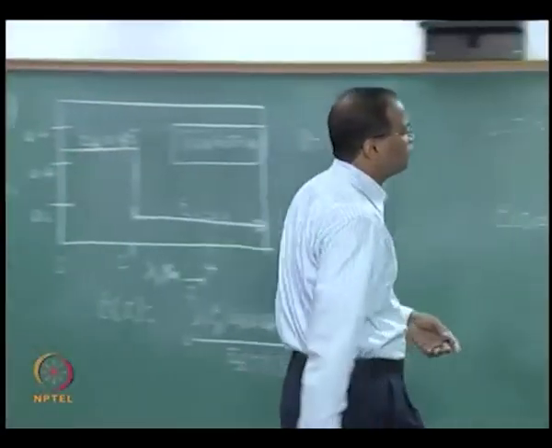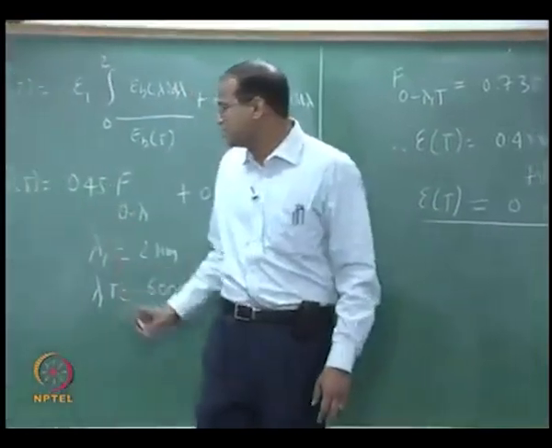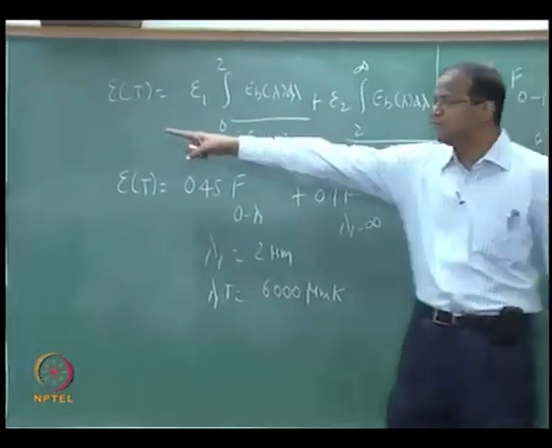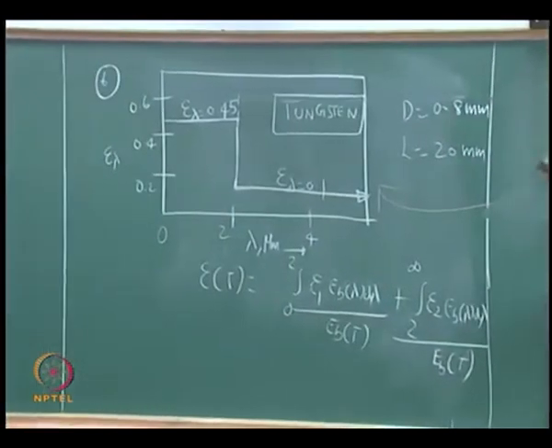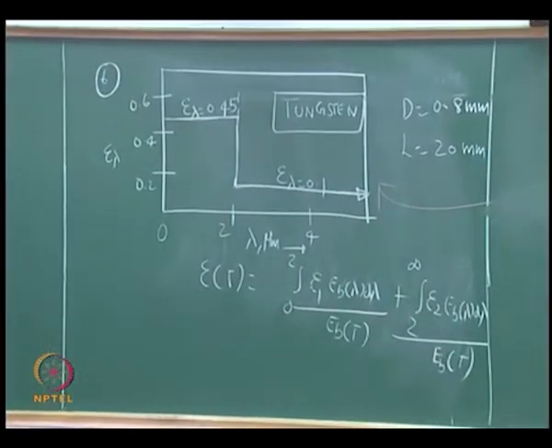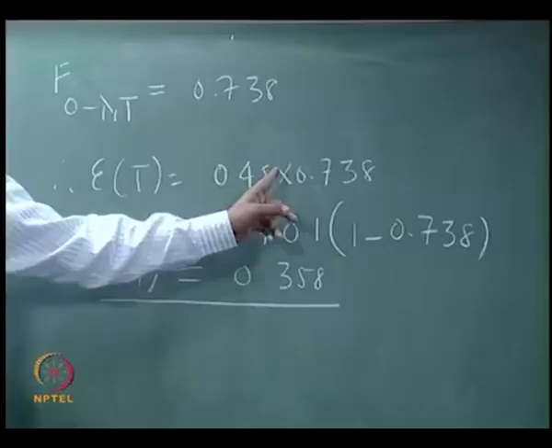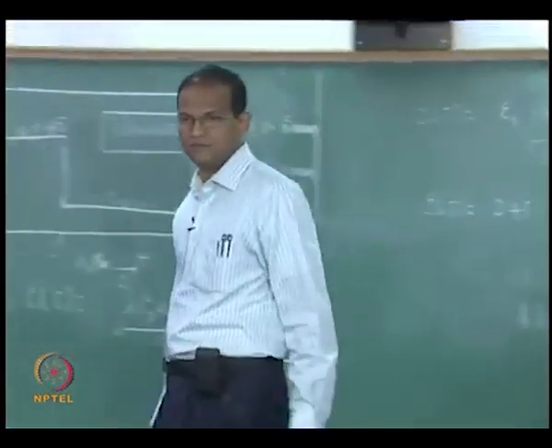So I have given epsilon of T. Therefore, if the temperature changes, even though this epsilon lambda remains the same with respect to lambda, if the same tungsten filament were to be at 2000 Kelvin, this lambda 1 T will become 4000 micrometer Kelvin. Therefore, the epsilon T will change. Therefore, epsilon in general is a function of temperature.